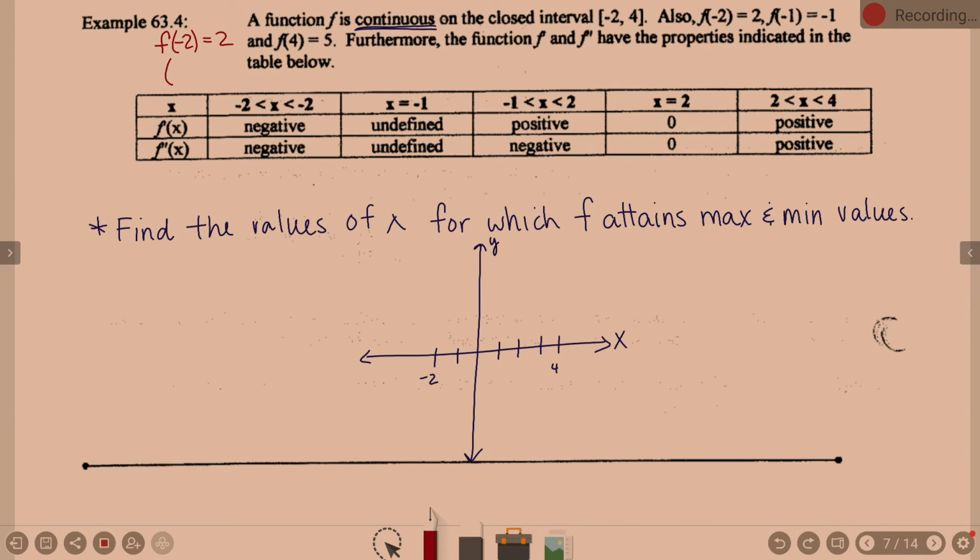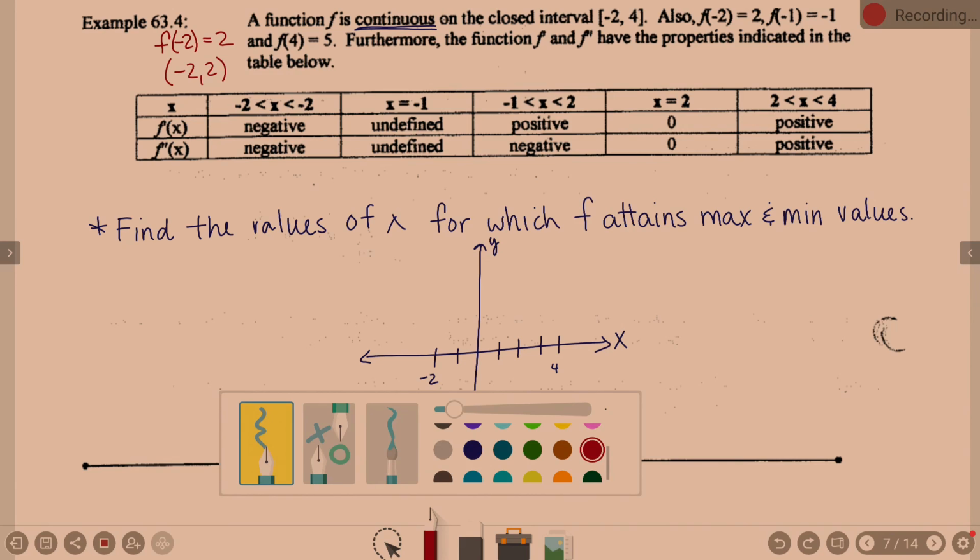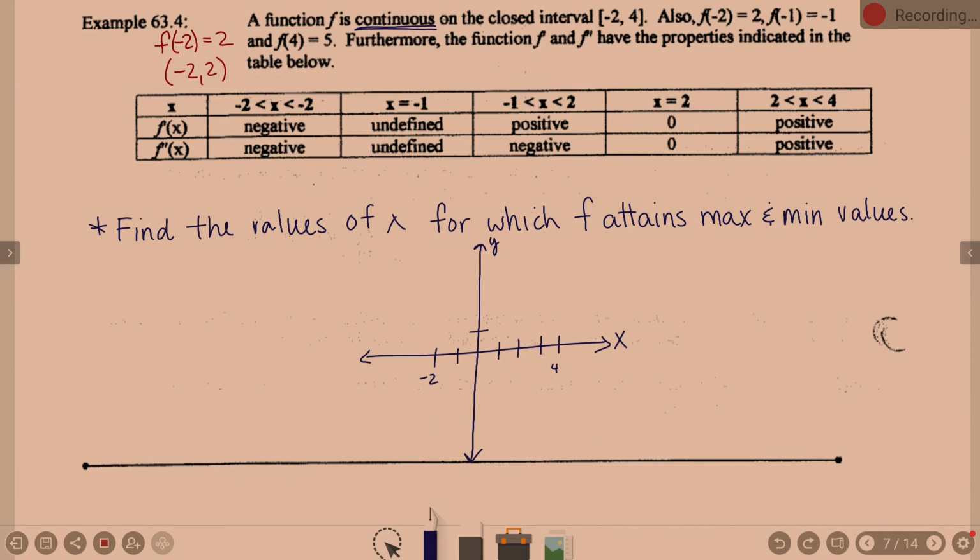That is the ordered pair (-2, 2), correct? And so can I go ahead and graph that point?